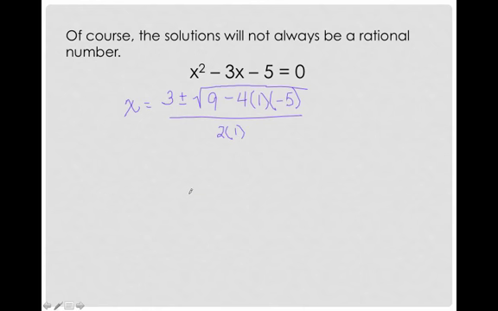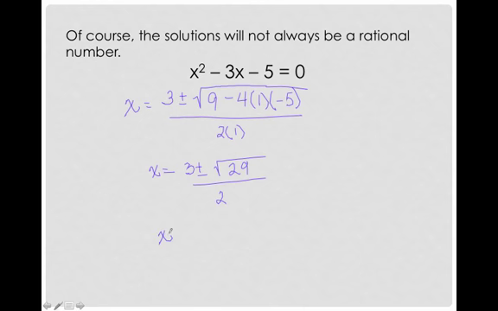It goes to pop goes the weasel, but it helps me to remember where it goes. So I've got x equals 3 plus or minus the square root of 9 plus 20, or 29, which notice is not going to be pretty, over 2.